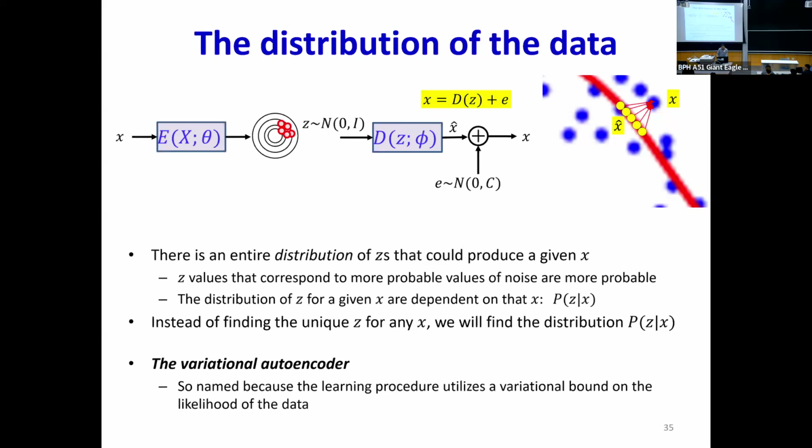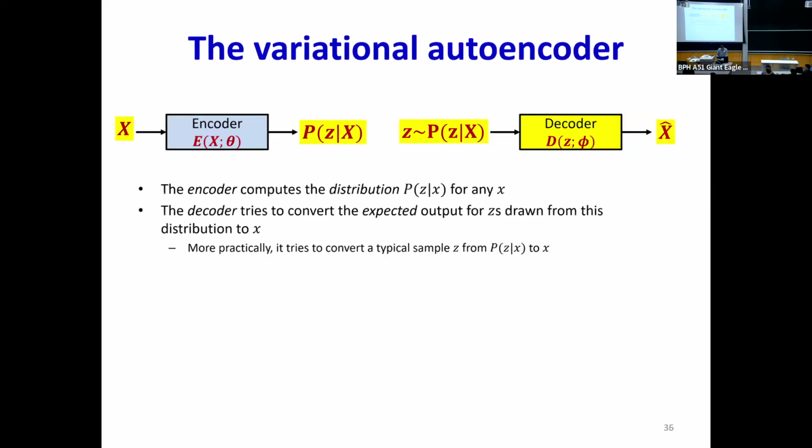We won't get into the details of it. The actual algorithm itself will be obvious from the lecture. And so here is the variational autoencoder. You have an encoder that for any given x computes the distribution P of z given x for that x. Then the decoder tries to convert the expected output of z's drawn from this distribution to the training instance.